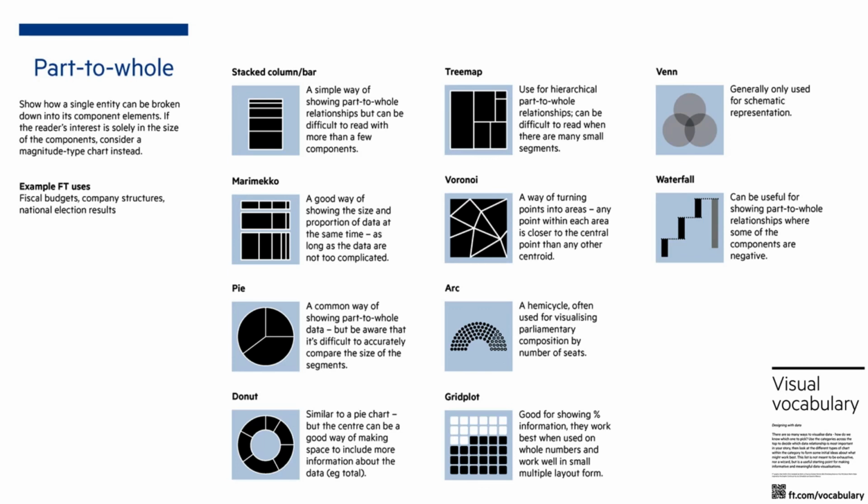We have a pie chart down below that, and a donut chart which is related to the pie chart. But there's many others like arc and grid plot, Marimekko, and the Venn and waterfall. And these are ones that we'll look at further in this course. But for now, we're starting with the basics, the ones that we're very used to seeing, like the pie chart and the stacked or divided bar chart.